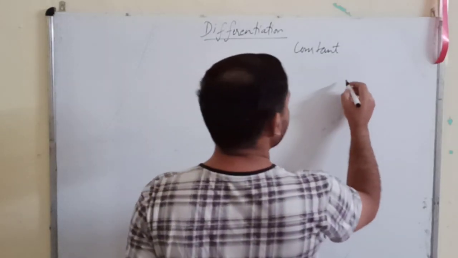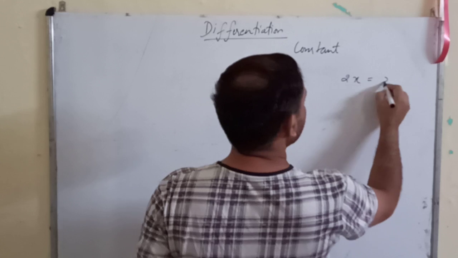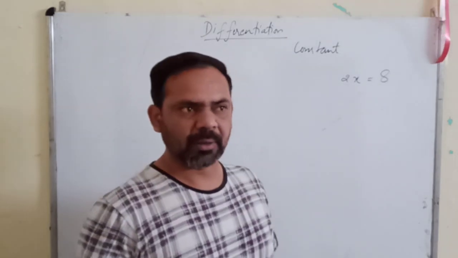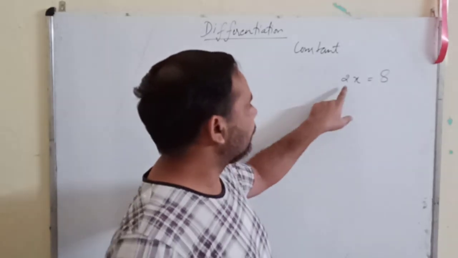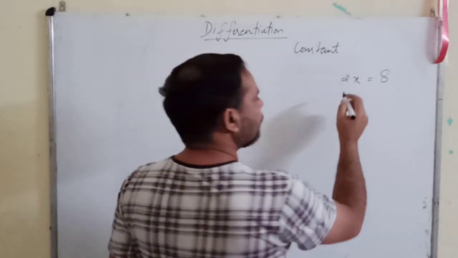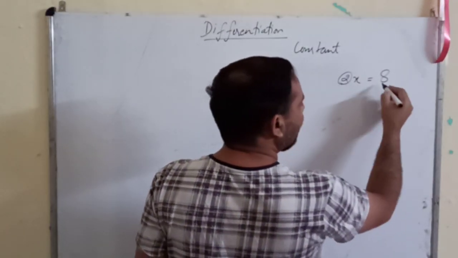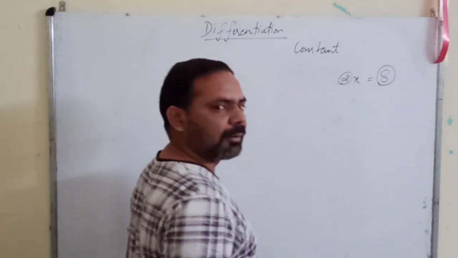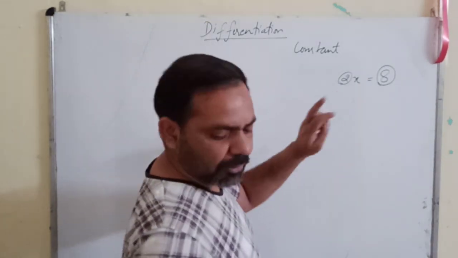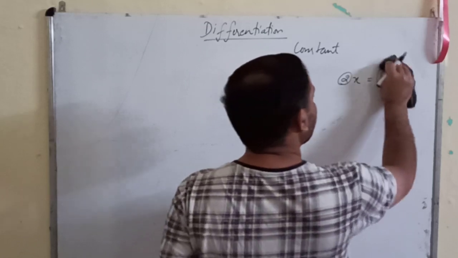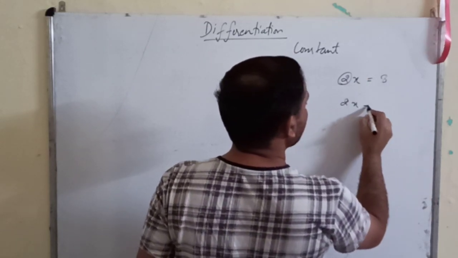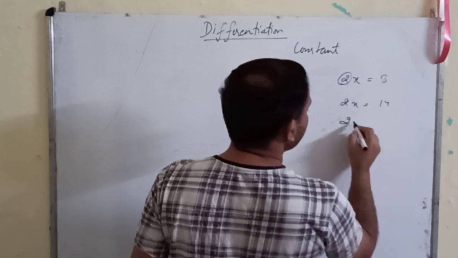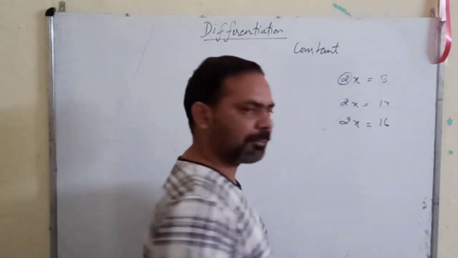For example, if you have 2x equals 8, then the value of this quantity will not change. Or suppose you have 2x equals 8, 2x equals 14, or 2x equals 16.